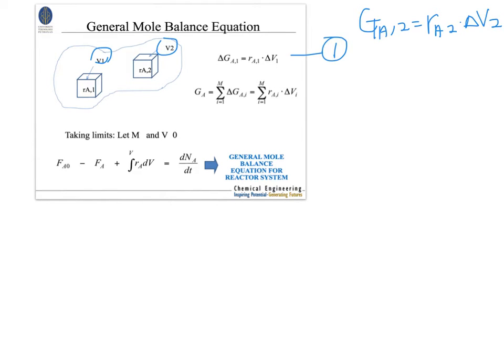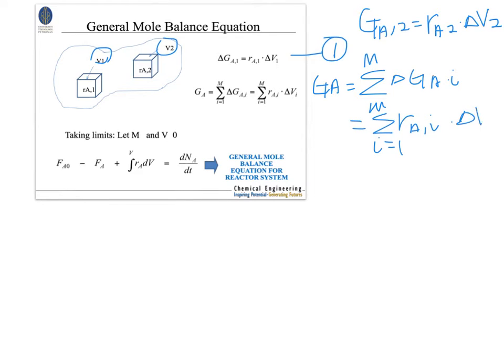So the total generation GA will be the summation over the number of the systems, equals the summation of RAi, where i could be any number 1 and above, times delta Vi.